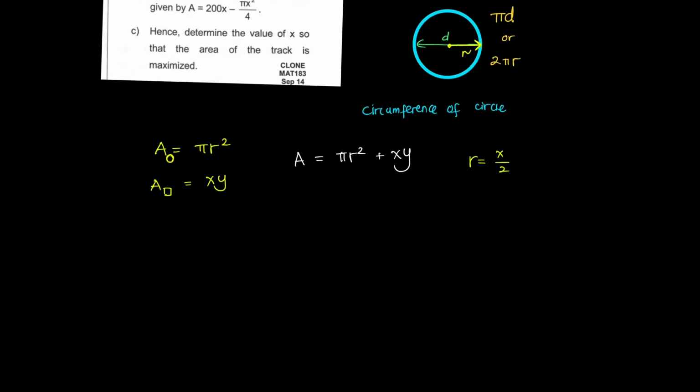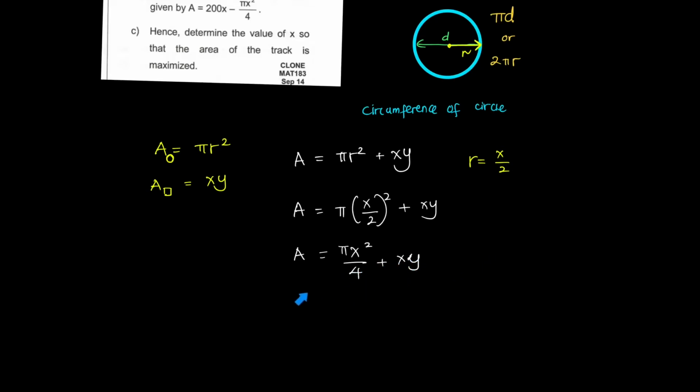So now we can substitute that x over 2 into this r. So pi times x over 2 squared plus xy, and then we get pi x squared over 4 plus xy. So your A is now pi x squared divided by 4 plus xy.